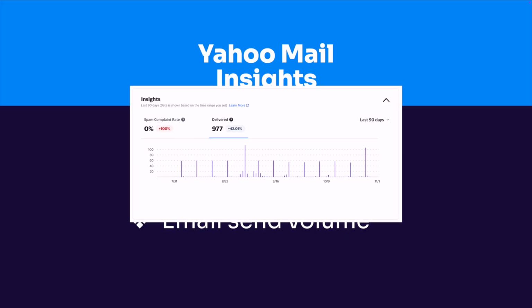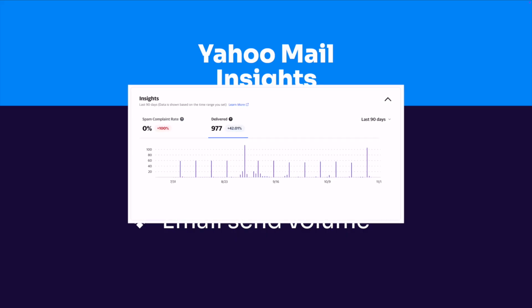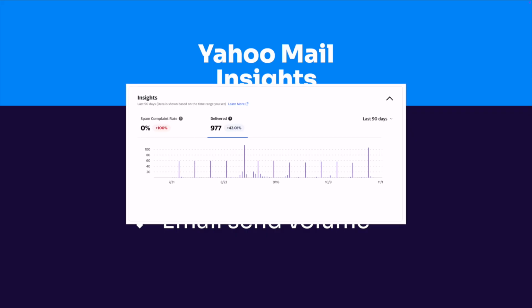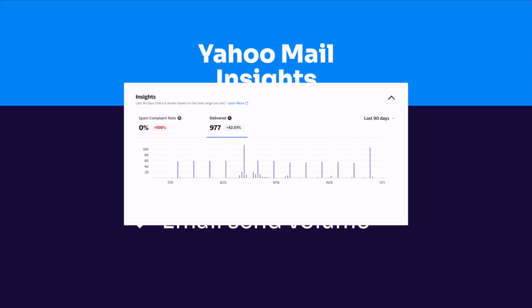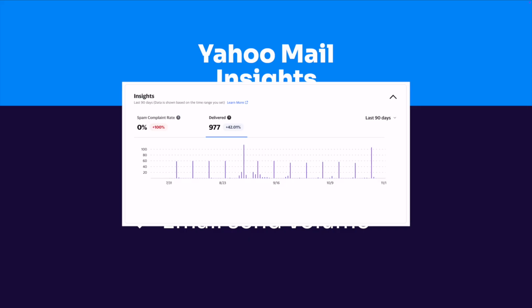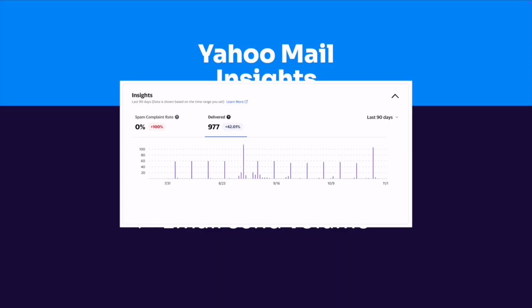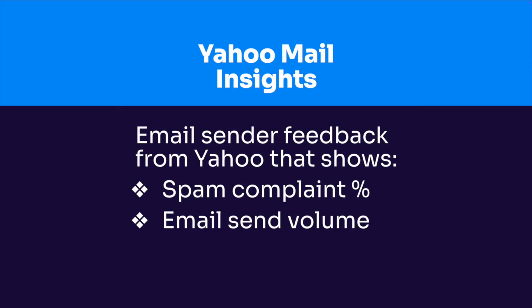But if your focus is more on security, it's really just more likely to give you a general understanding if Yahoo Mail is seeing enough mail from you to gauge whether or not the complaint rate that you're seeing is something you should be concerned about. And if the volume is much higher than you expect, maybe there are email sending platforms out there using your domain that you perhaps were not aware of.